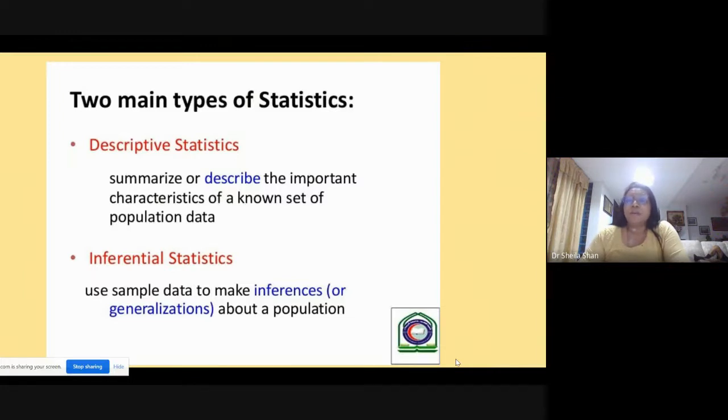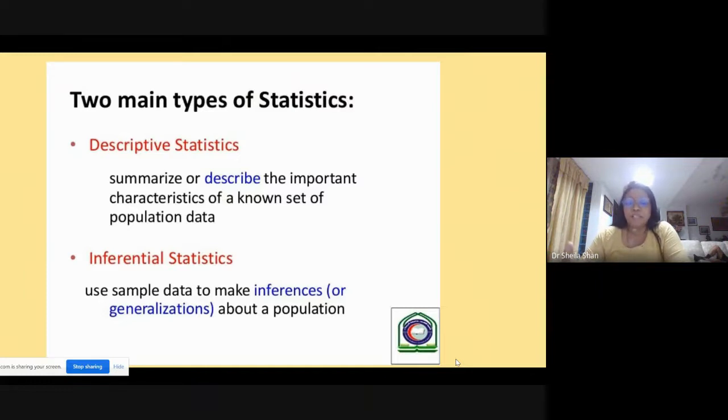When you're talking about school going children, we cannot just focus on Penang Island. So you need to get your population from all the states. Then you can do a generalization about the population of Malaysia, right? So that is inferential statistics.